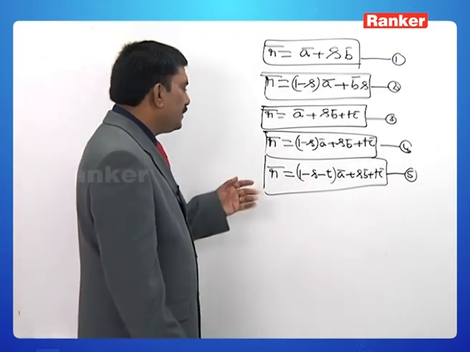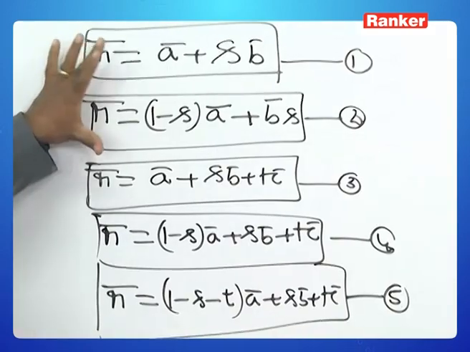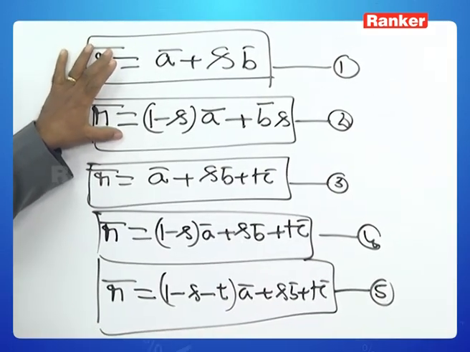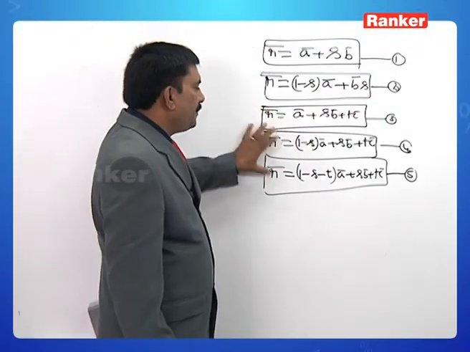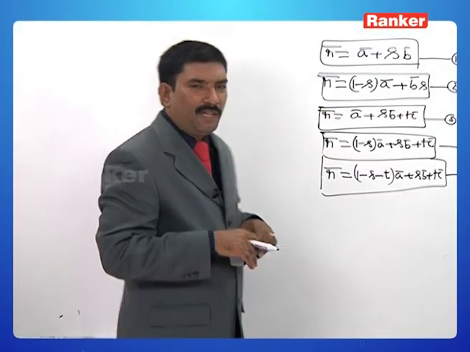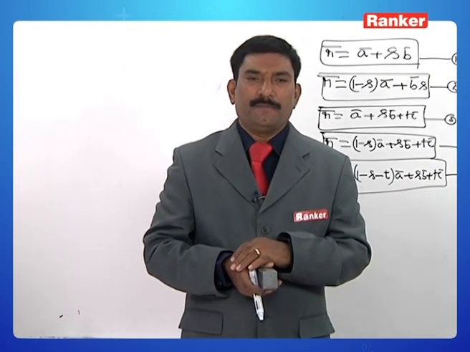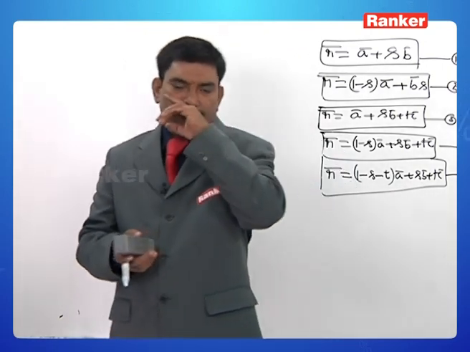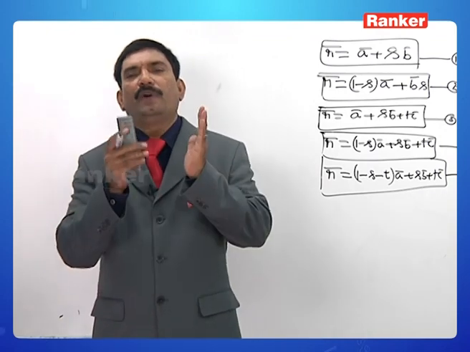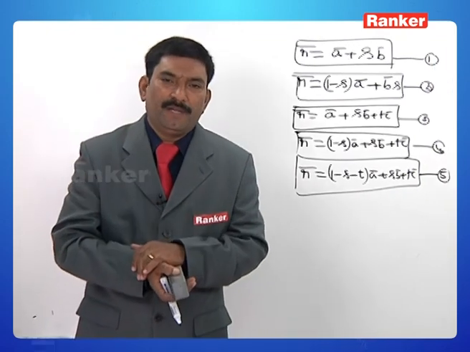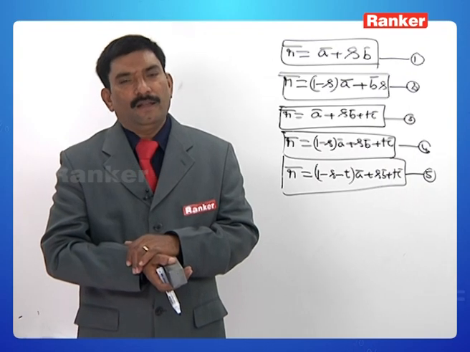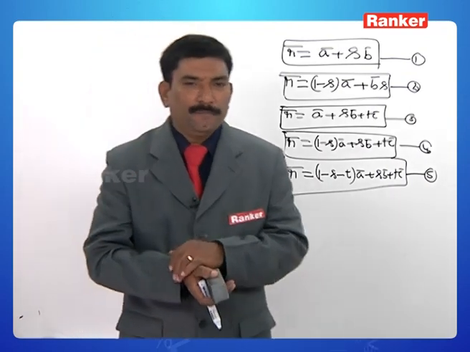Now, these two represent line equations. These three represent plane equations. Look here, whenever the vector equations are given in a different way, we have to identify them as either a line or a plane.